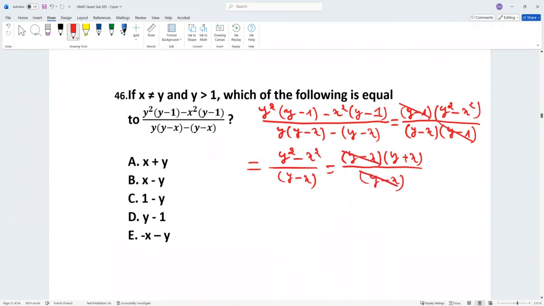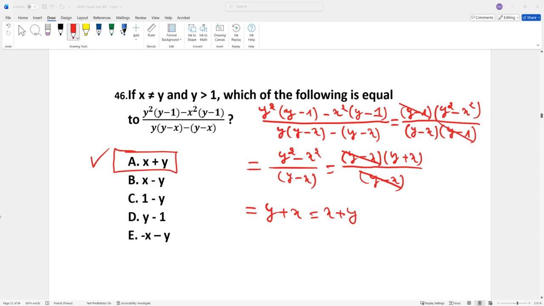Y minus x will cancel, and the final answer is y plus x. So y plus x is also equal to x plus y. Okay, so answer A here is the correct answer. Very simple question.